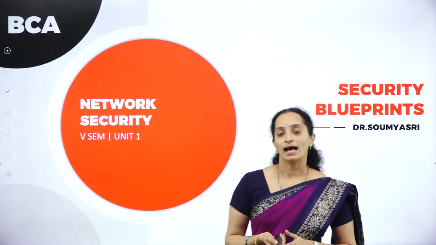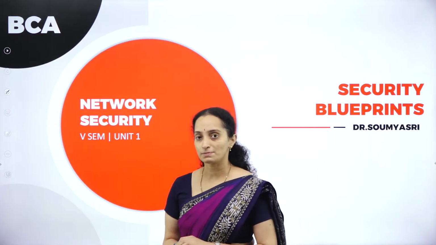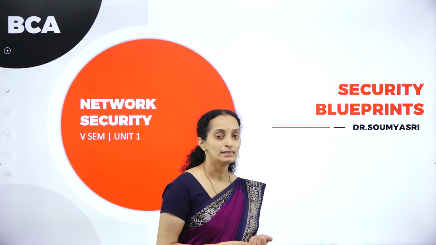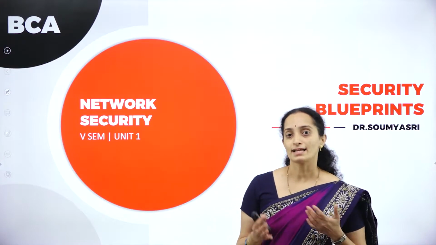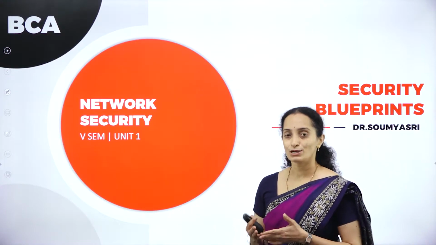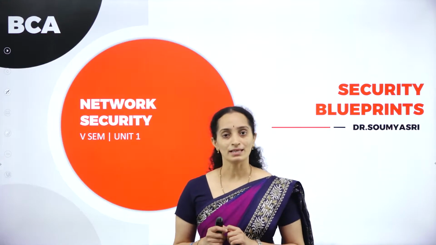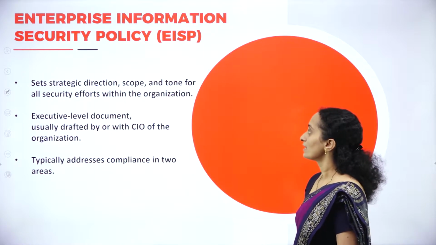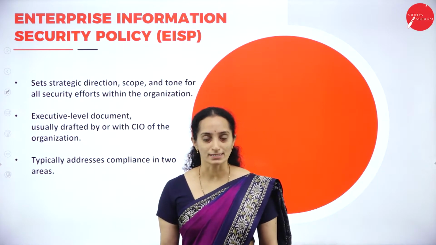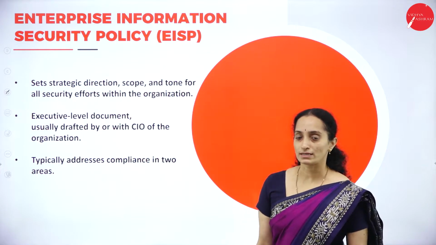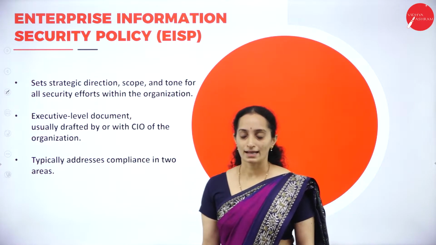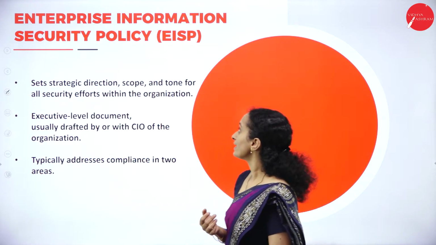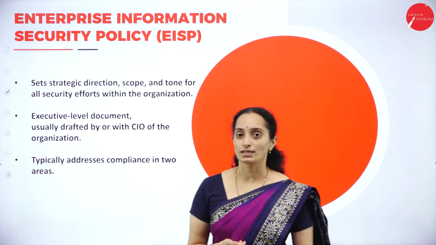We will look at the concepts of different kinds of policies and the different standards that international organizations have set to build a security model for a network. The first kind of standard policy set by various organizations or international security standards organizations is the Enterprise Information Security Policy.